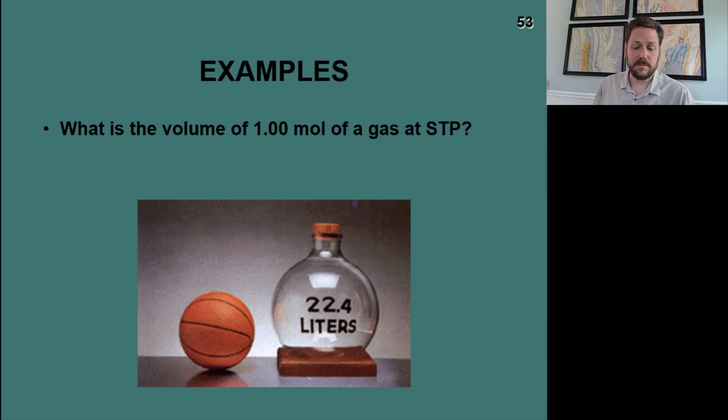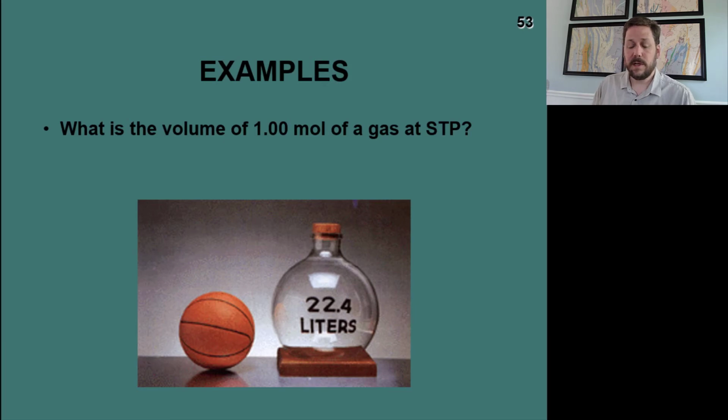It assumes that the volume of the particles themselves is negligible compared to the spaces in between the particles, and it assumes that there are no intermolecular forces of attraction, which may be a reasonably fair assumption for a gas like neon or helium, where only relatively weak London dispersion forces operate, but in a gas like water vapor, where there's significant hydrogen bonding forces operating, then the ideal gas law fails to make accurate predictions.